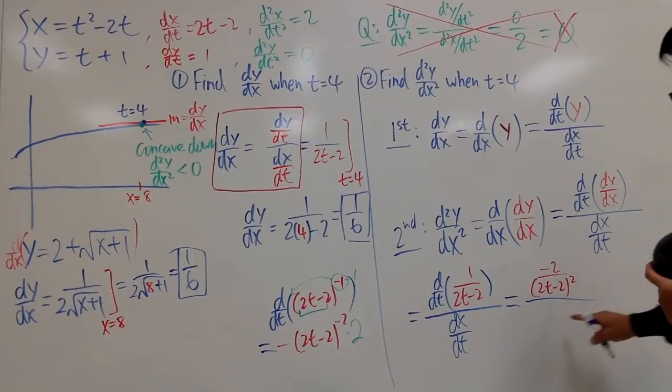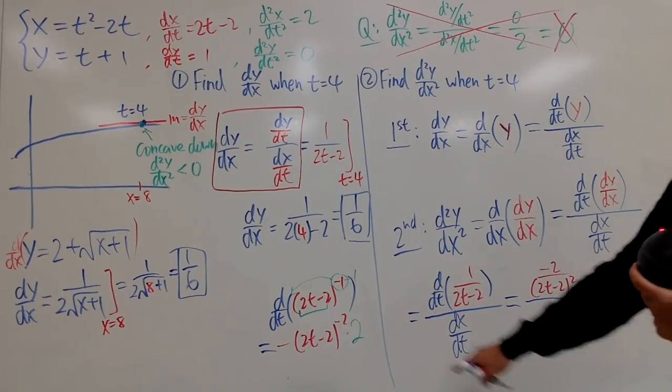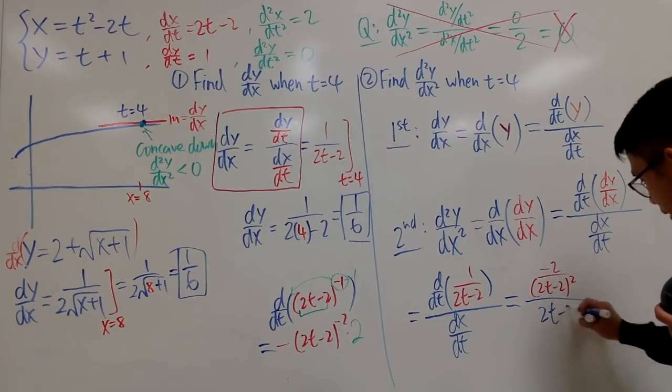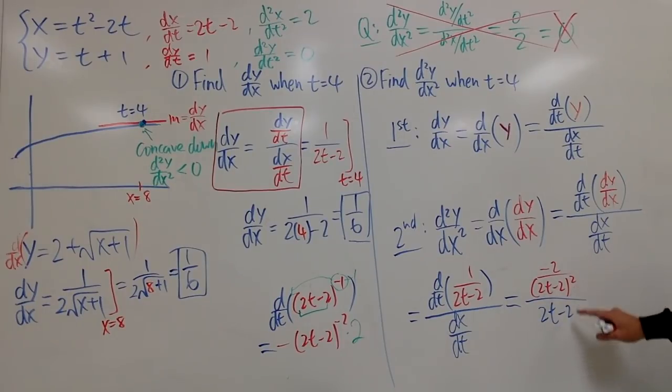And you'll see in the denominator, dx/dt is 2t minus 2. So I'll just put down 2t minus 2. So you see this and that is the same thing. So you can bring this down and join this denominator. So to clean this up, this is an okay expression. It's not the best, I know, because you can seriously somehow cancel the 2, but as I said, let me not do that. Anyway, when you bring this 2 down, it's actually with the 1, so it's the third power here.